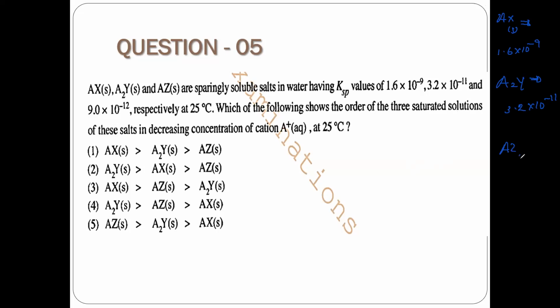AZ is equal to 9.0 times 10 to the power of minus 12. Fine. The order of the answer, I will write here. Okay, right, this is enough. Let's redo the question now.